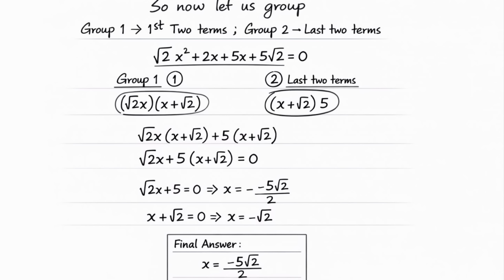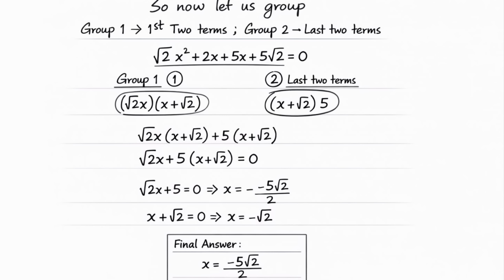So for that, we will simplify the first group. Have a closer look at root 2 x squared and 2x. Simplify it as much as possible. For example, you can write root 2 x squared as root 2 x into x, and 2x as root 2 x into root 2. So we can see root 2 x is common, take root 2 x out and write x plus root 2.